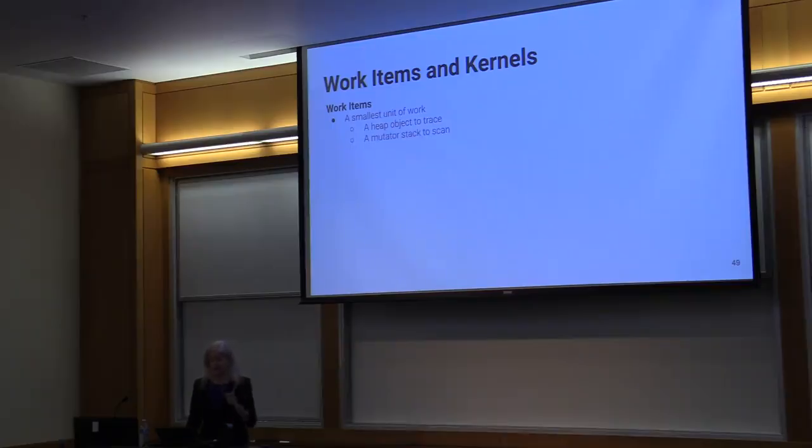And so the smallest unit of work is something that you have to do, like scan an object, look at a root, clear the mark table, and divide it up into some unit of work, dividing up the metadata, so you can do that in parallel.